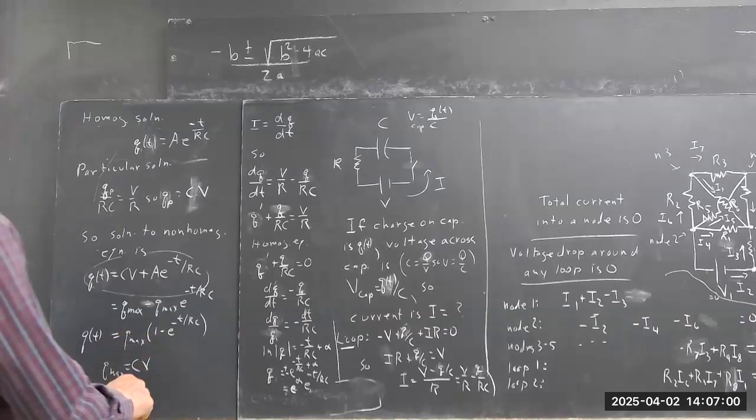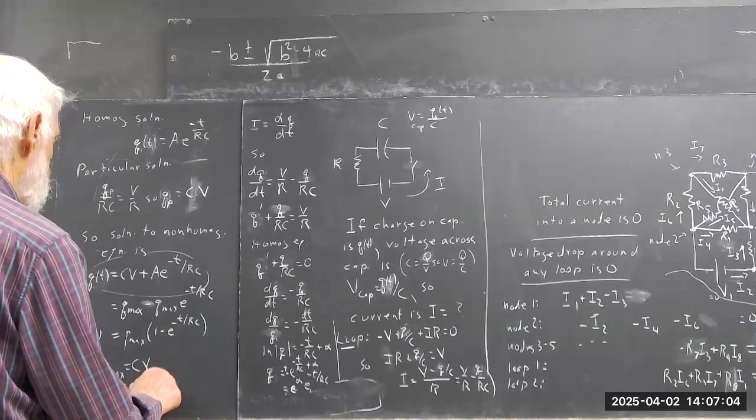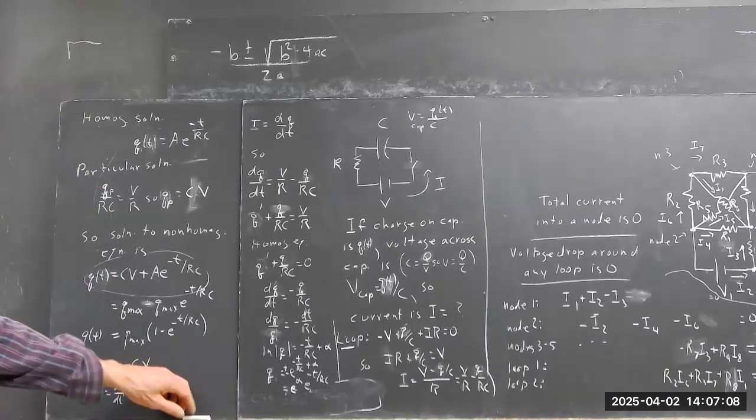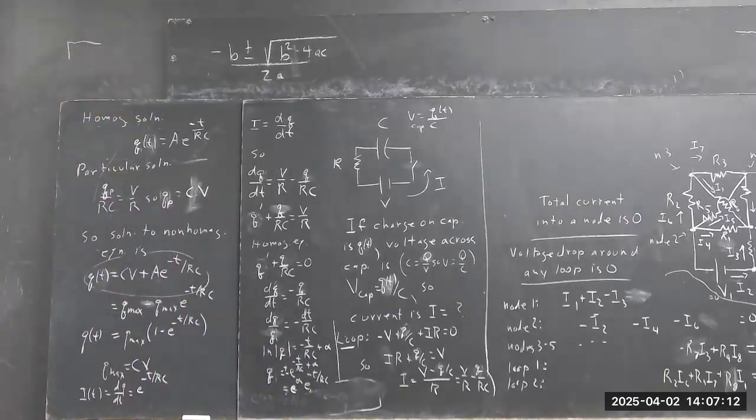Now this term goes away, and you get e to the negative t over RC. Your text will explain that in a little more detail, and maybe even a little more color and a little less reference to differential equations. Okay, but there we have it.